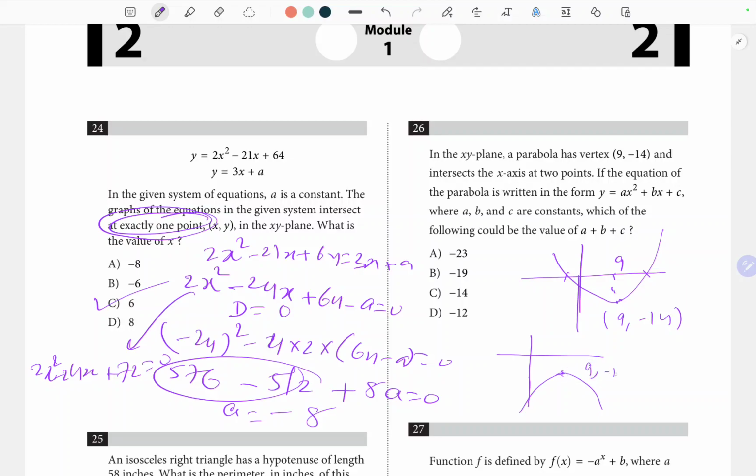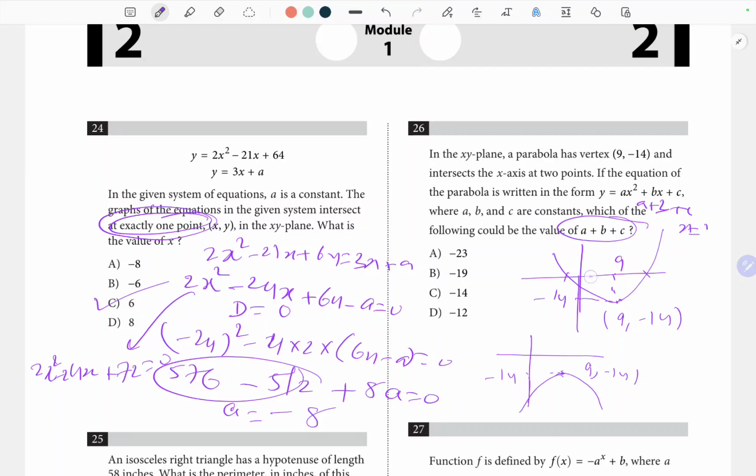This is 9 comma minus 14. Now what could be the value of A plus B plus C? It means x should be 1, right? If x is 1, then it is A times 1 square plus B times 1 plus C. So it will be A plus B plus C.